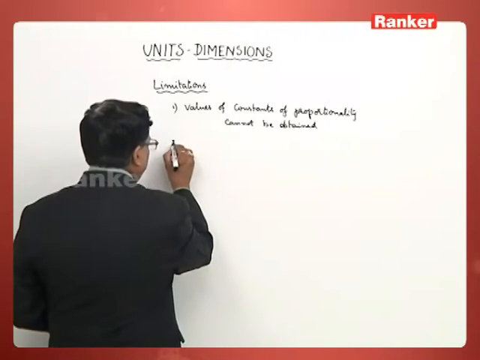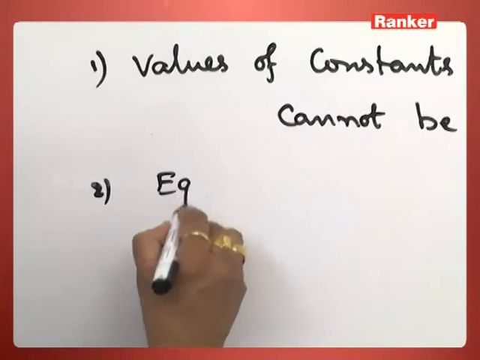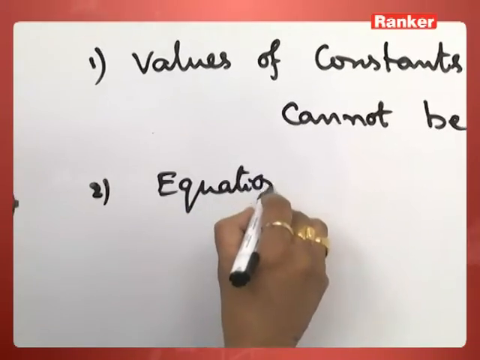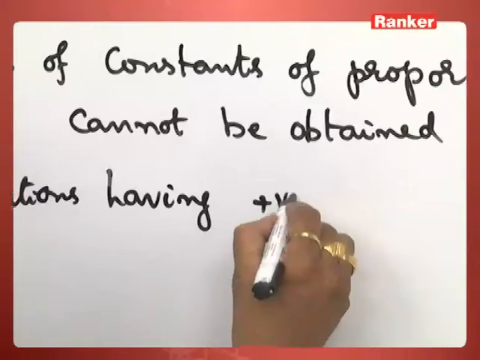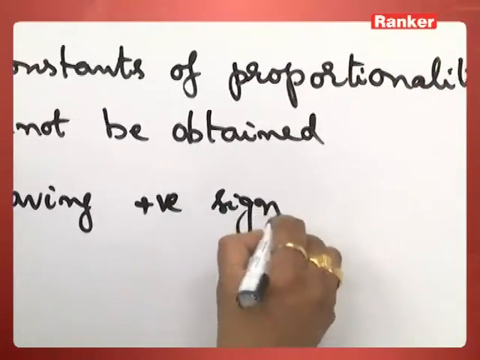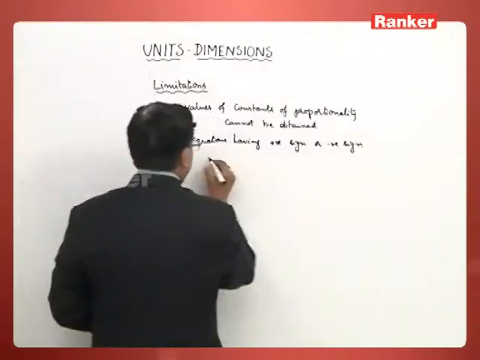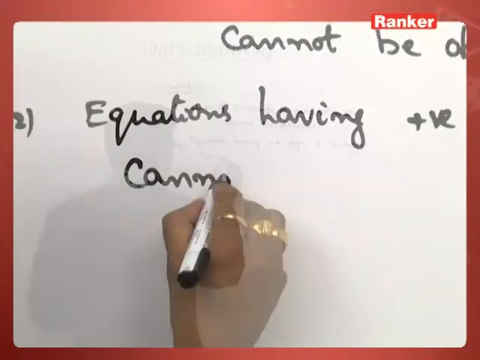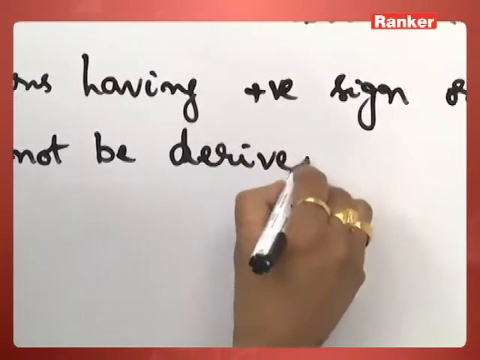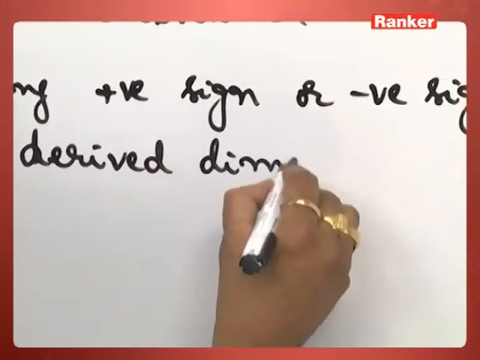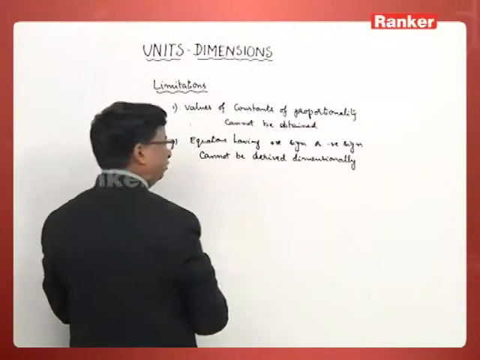Coming to the second one, you can definitely understand the equations having positive sign or negative sign cannot be derived dimensionally. That is one constraint again.